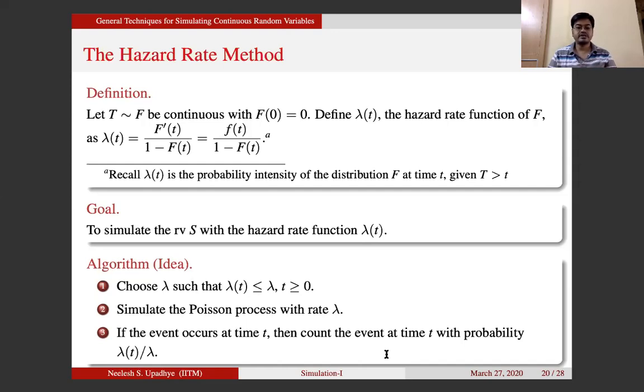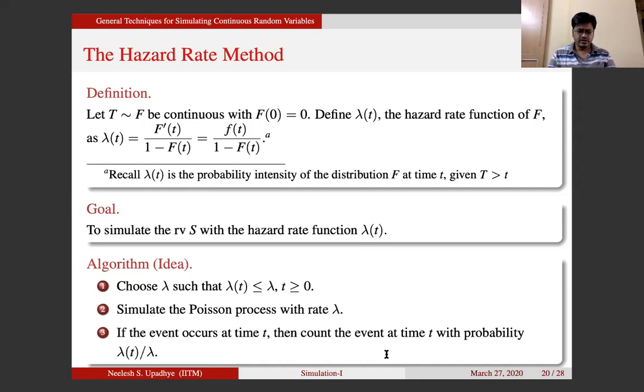Is that justified? Yes, because lambda(t) is always less than or equal to lambda, so lambda(t) by lambda is always going to be less than 1. This is as good as simulating some uniform random variable. Though this is not a uniform random variable, the analogy is similar. So this is my idea.